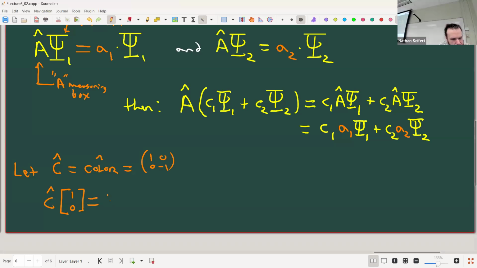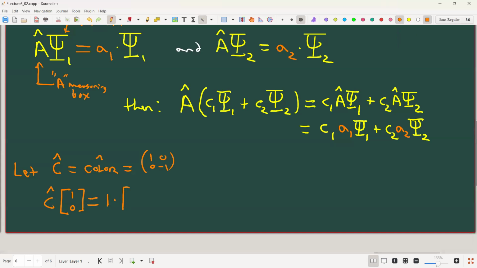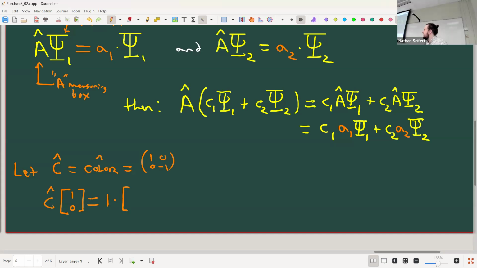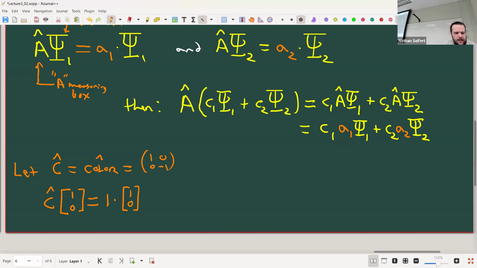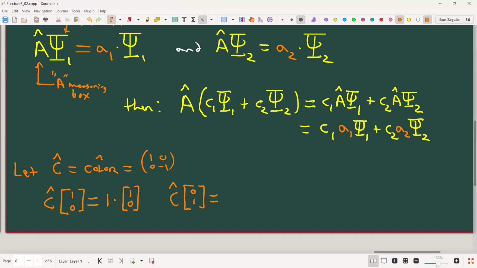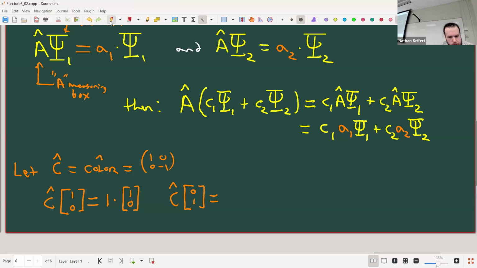We get 1 times 1 on top, and 0, right? So the vector doesn't change. And let's just quickly do this. What's the result of this? 0, 1, times minus 1.